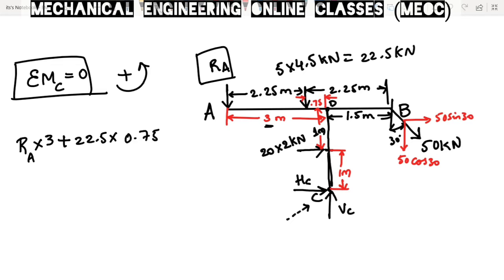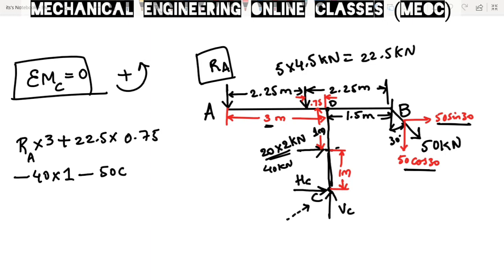Then there is this force which is 40 kilonewton. The 40 kilonewton force is making a clockwise moment, so that is negative. So minus 40 into the perpendicular distance, which is 1. Then at B, this 50 sin 30 and 50 cos 30 are acting at point B. So the 50 sin 30 force will be making a clockwise moment, so that is also negative.